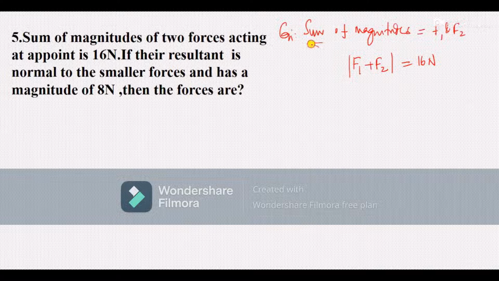The next condition is that the resultant is normal to the smaller force.